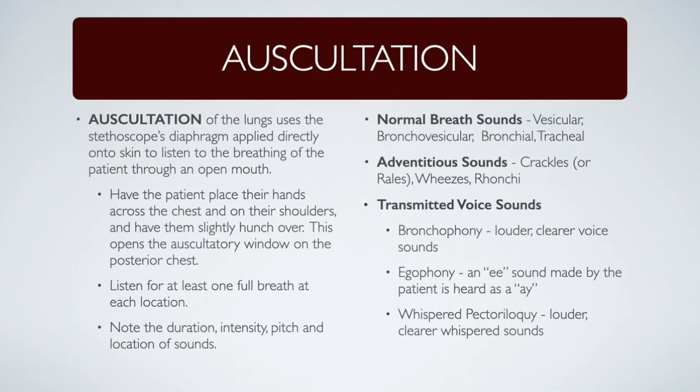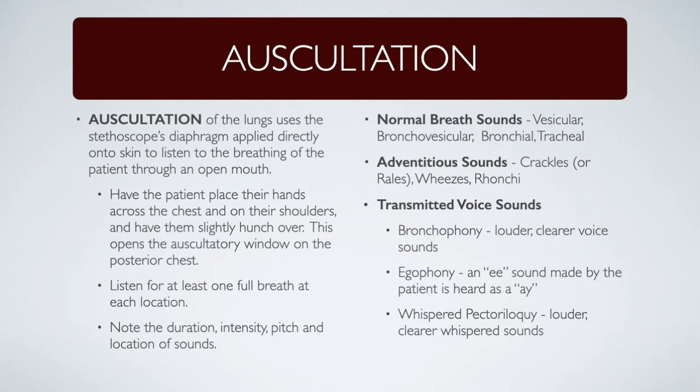There are normal breath sounds, adventitious sounds that are associated with disease, and transmitted voice sounds like bronchophony, egophony, and whispered pectoriloquy. Let's park normal and adventitious sounds for later, and let's look at transmitted voice sounds first.